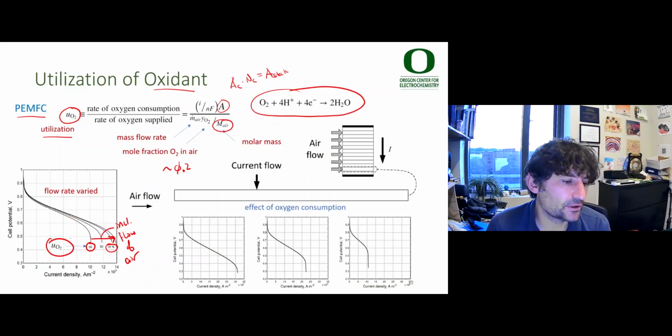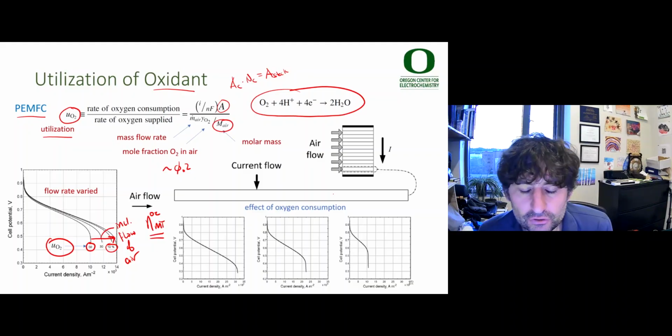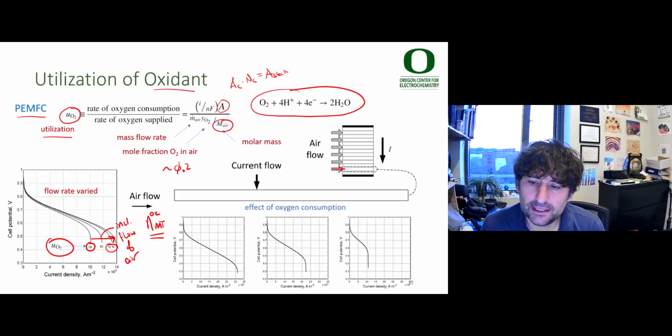Well, you need to remember that part of the efficiency loss in a fuel cell is eta, mass transport, of O2. So the lower the utilization, the less mass transport overpotential I have for oxygen. You can even see this in this figure from Fuller and Harb, where he shows that if you have air coming in one side of the cell, that oxygen is going to be used up, and by the time you get to the outlet, you'll have very little oxygen left.